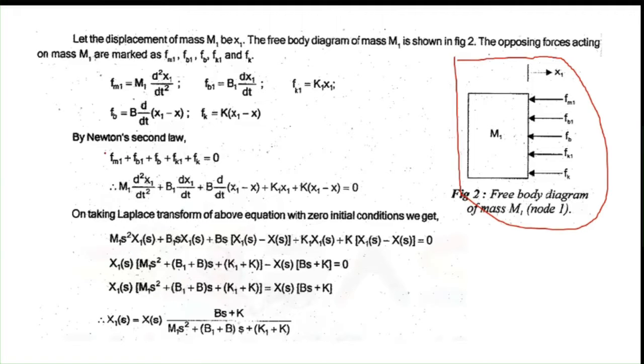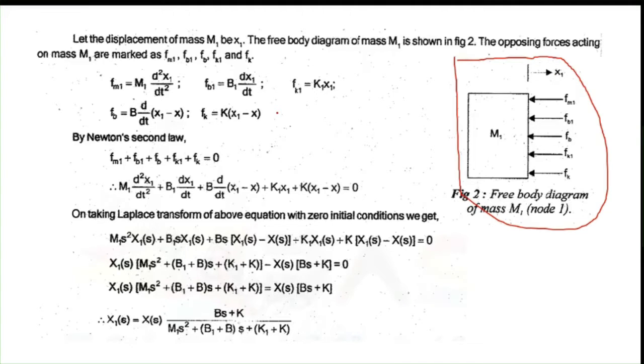Now we have the individual equation for each of these forces based on Newton's law. Fm1 has the force equation m1 into d square x1 by dt square, where x1 is the displacement. Fb1 is b1 dx1 by dt.